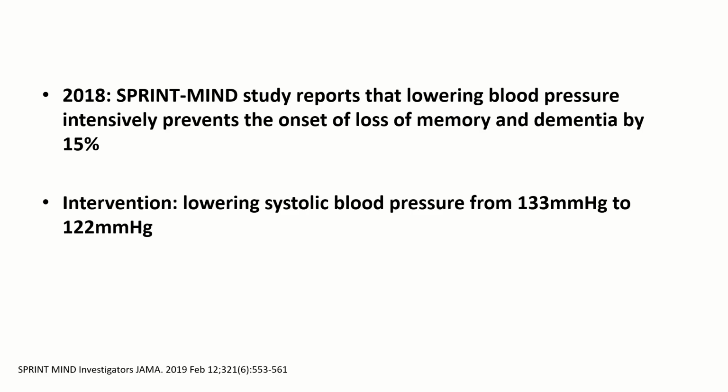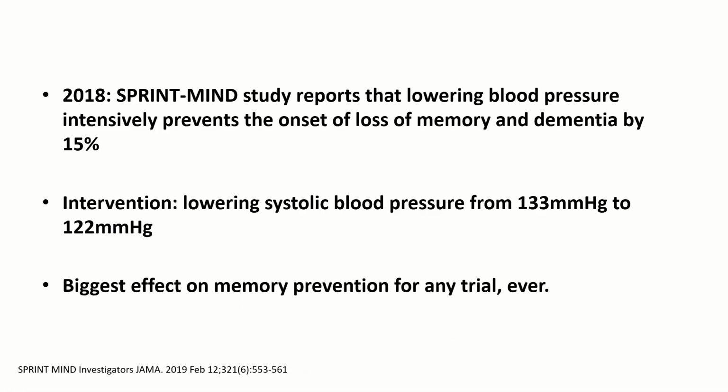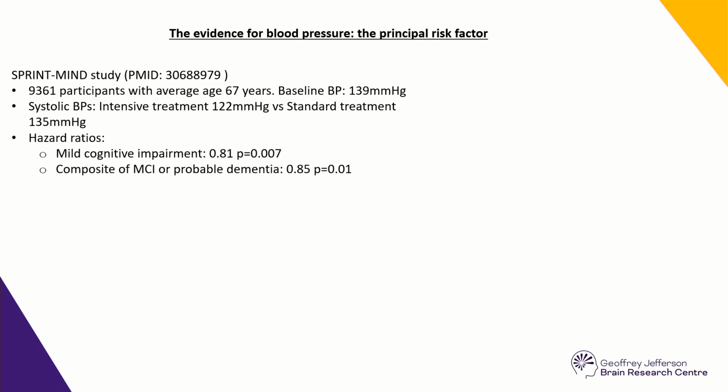The people in that study had their blood pressure reduced from 133, which is probably, I would say, maybe about a third of you in this room, to 122. That's the biggest effect on brain health for any clinical trial ever. So that's the SPRINT MIND study, and just for the sake of clarity, these are patients who are over 65, they're 67 years old.